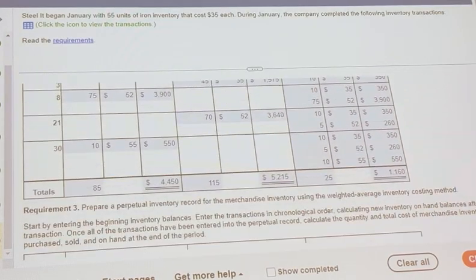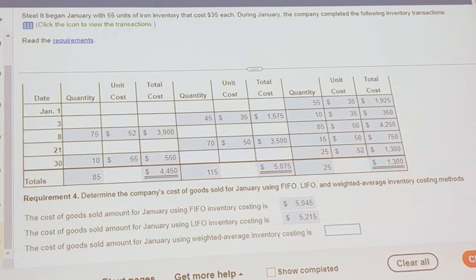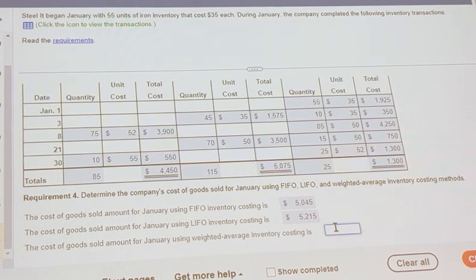For LIFO, it was 5215. For weighted average, it was 5075.